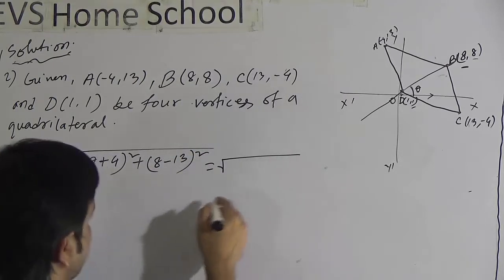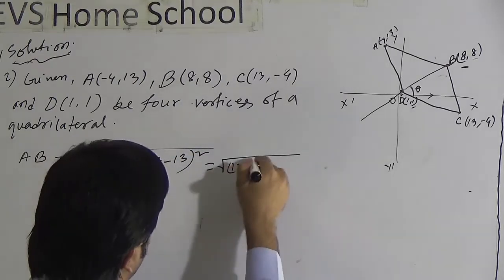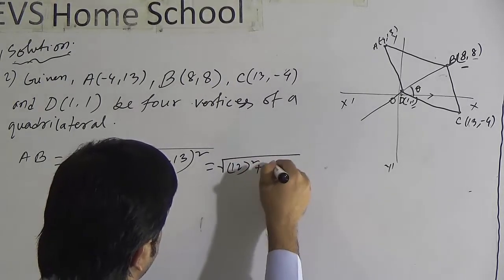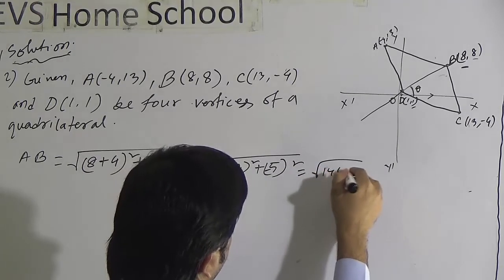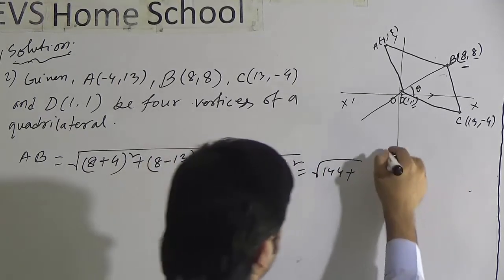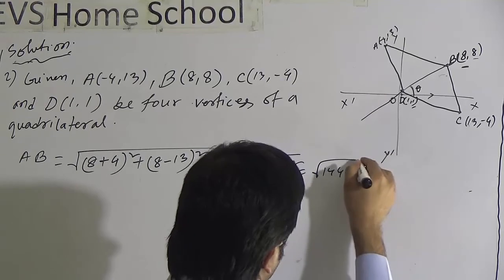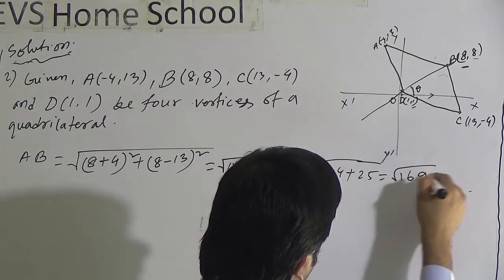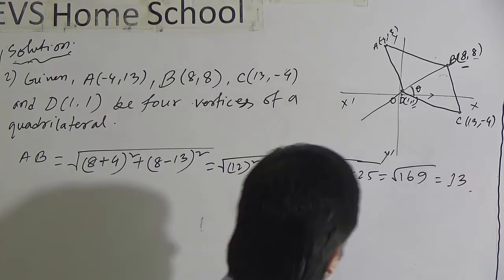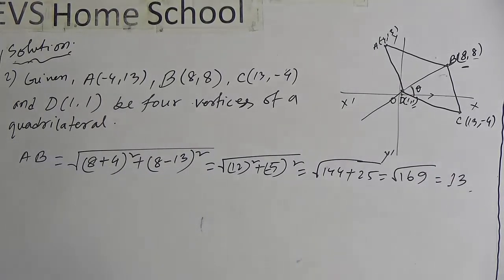So we can determine this now. This is 12 square plus minus 5 square. That means 12 square is 144 plus 25, that is square root 169, that is equal to 13. So the length of the side AB is 13.